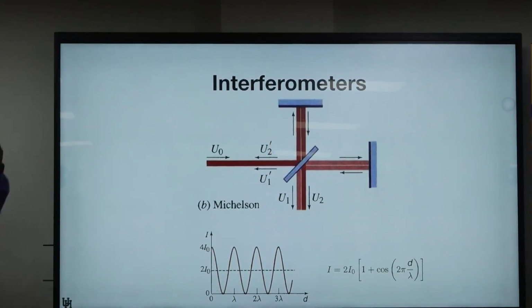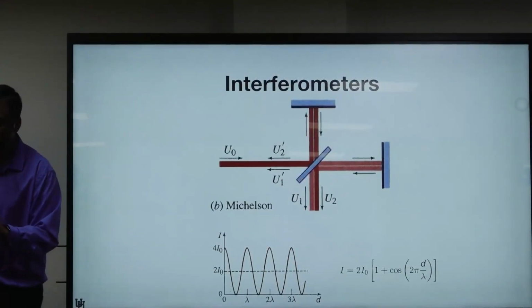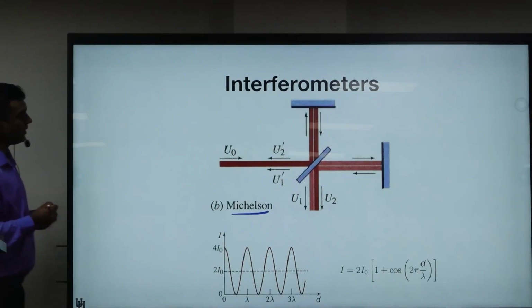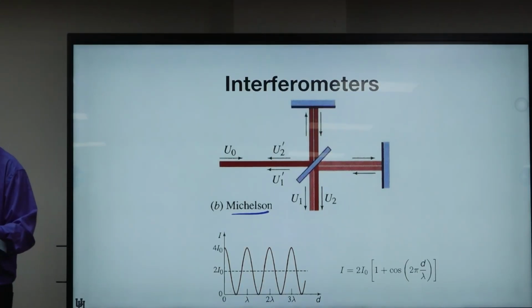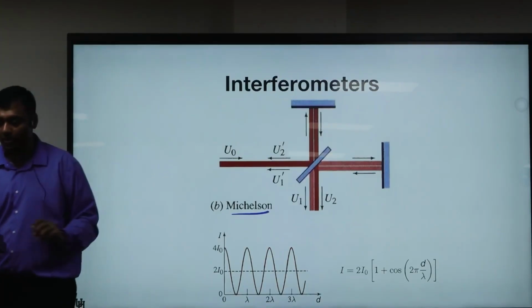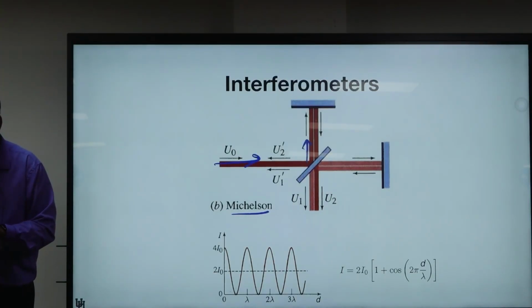The more common one, which some of you might have seen, is called a Michelson interferometer. Albert Michelson, who was late 1800s, early 1900s, got the Nobel Prize for this interferometry. So basically, what happens here is that light is sent, and it splits into two.